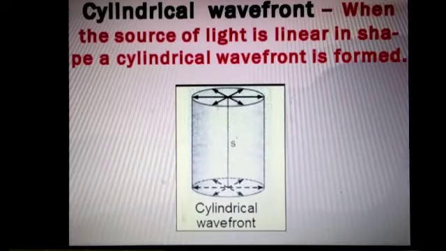Next is cylindrical wavefront. When the source of light is linear in shape, such as a slit, the cylindrical wavefront is produced. This is because all the points equidistant from a linear source lie on the surface of a cylinder.